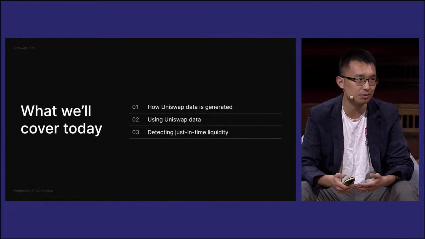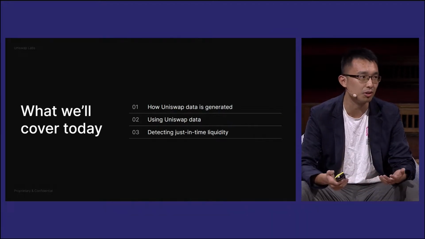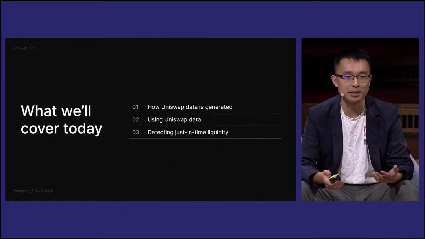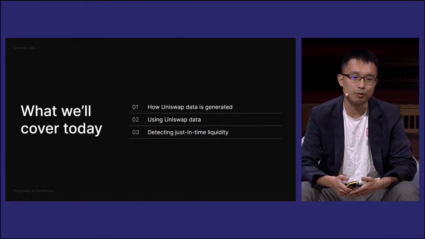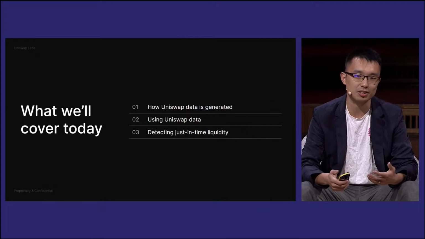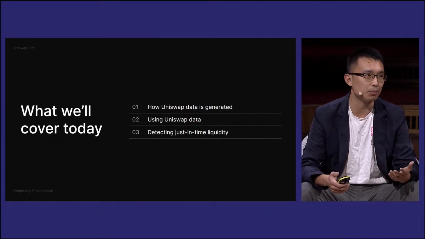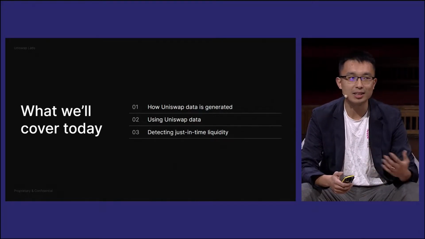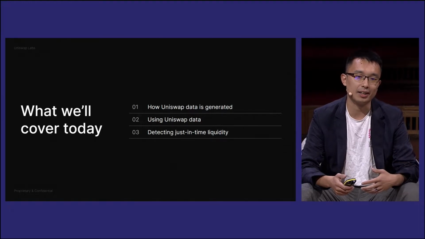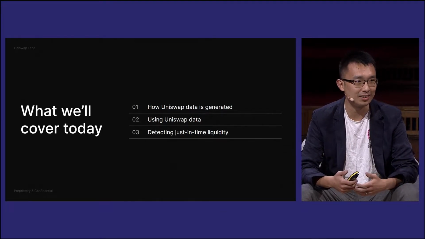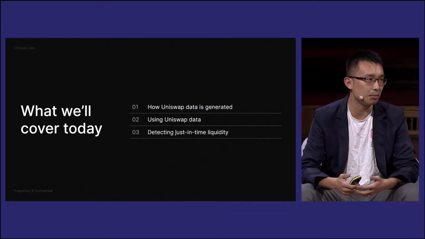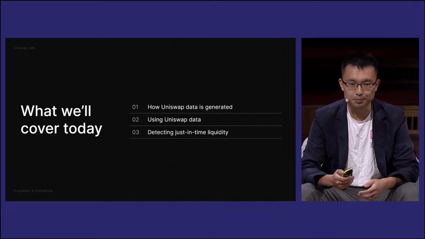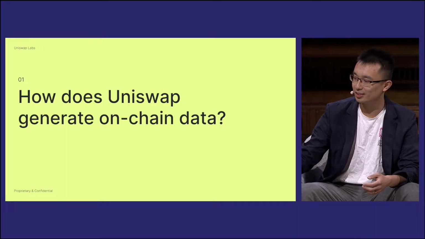The first 2 sections are going to be general Uniswap data information, how it's generated, and how you can use it for analysis. And in the last section, I'm going to show one example of a slightly more involved technique and market analysis. The specific market phenomenon we're going to analyze is called just-in-time liquidity. So with that, I'm going to turn it over to Austin.